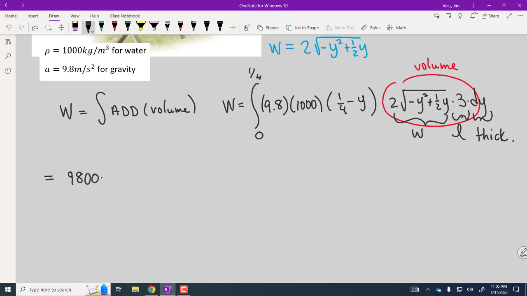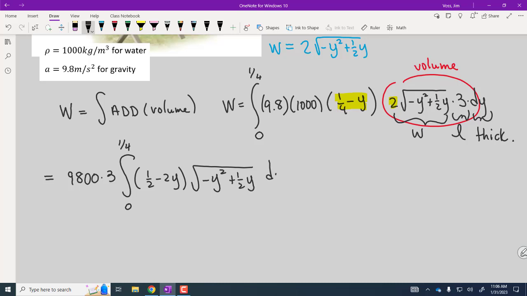If we take this 2, and instead of bringing it all the way to the front, we could just share it with this factor if we wanted. The associative law of multiplication: if you have a times b times c, you can multiply a times c and then multiply that by b, or you can multiply in any order. So we could be kind of proactive, and we'll pull out the 3, and let's leave that in there for a moment and just see what happens. So when we distribute that 2 there, we're going to get 1/2 minus 2y. And then we have our square root.